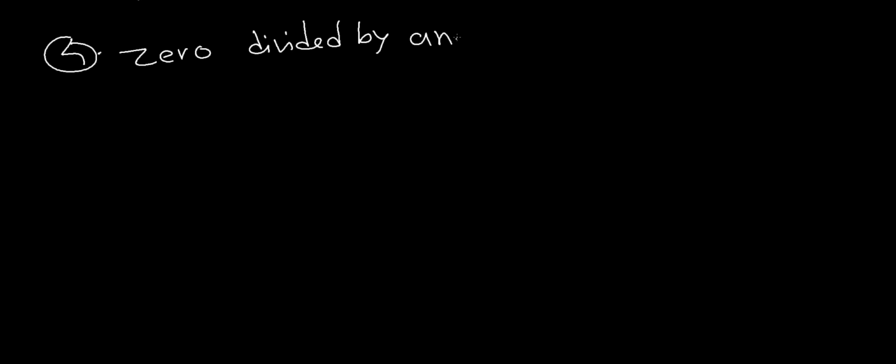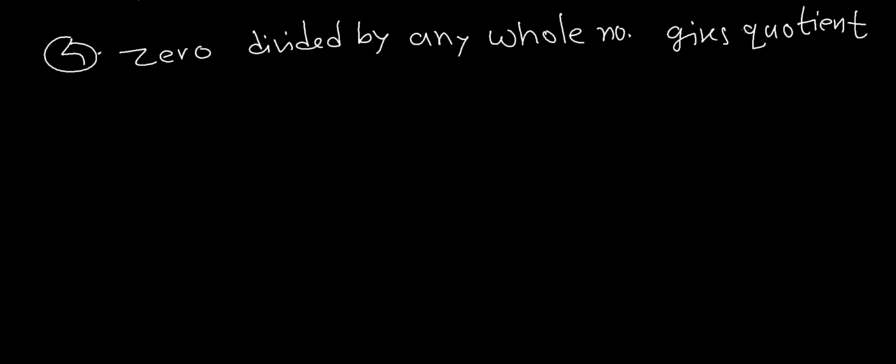Now fourth, 0 divided by any whole number gives quotient as 0.